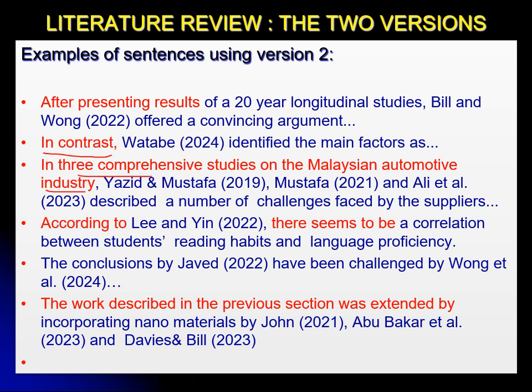So that means these three, Yazid, Mustafa, Ali, they all studied the Malaysian automotive industry supply chain, and they describe a number of challenges. So you want to bring these three on the same platform, you say that they are together describing. Of course, after that, you need to say what Yazid and Mustafa, or Ali, exactly propose, or what they contributed.